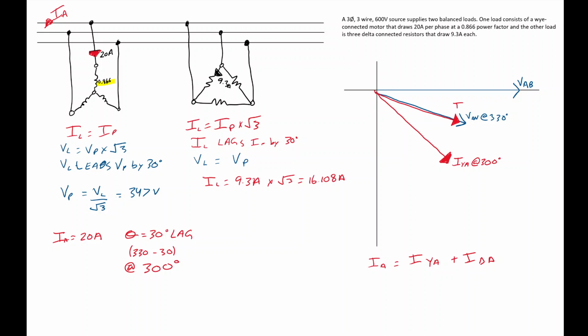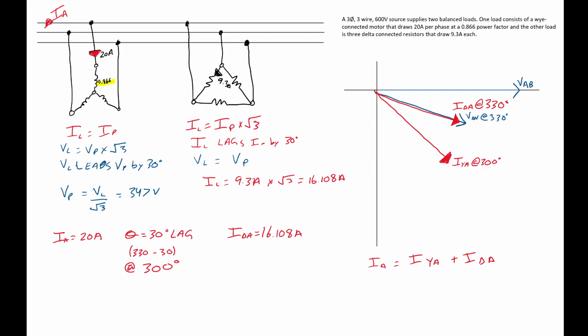So that would be I delta A at 330 degrees. That means I delta A equals 16.108 amps at 330 degrees.